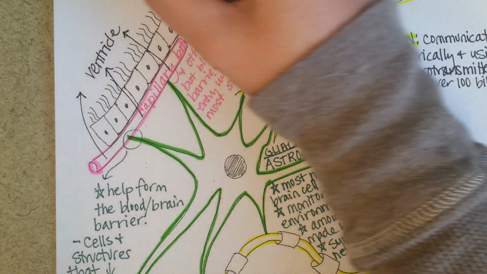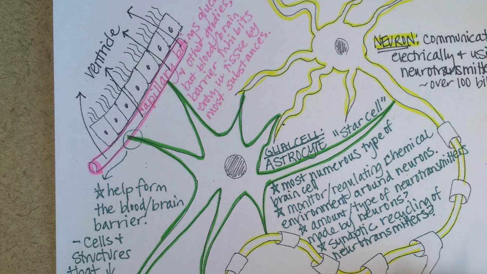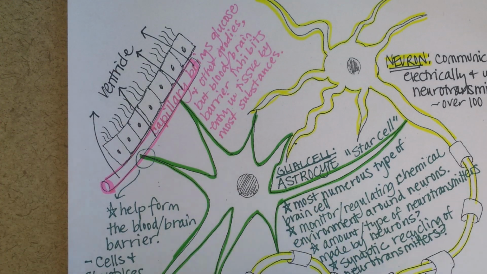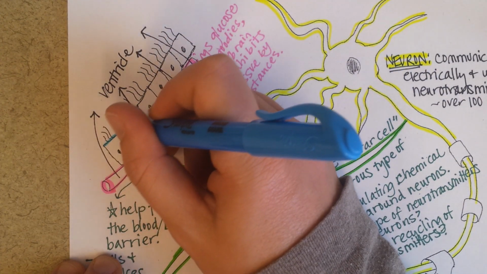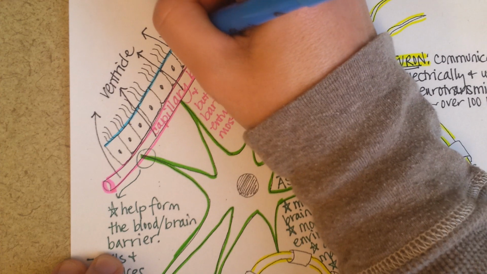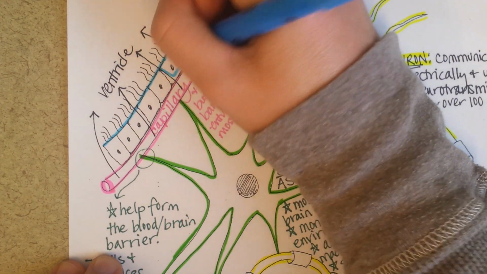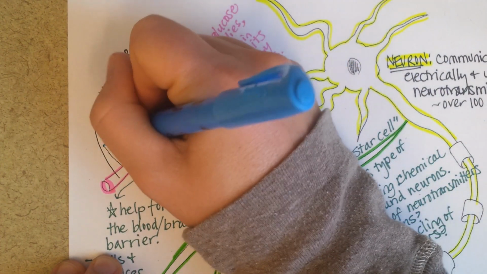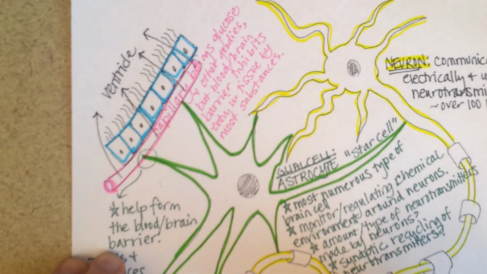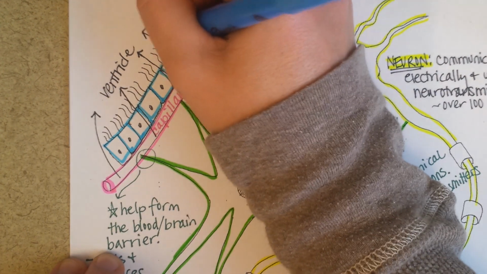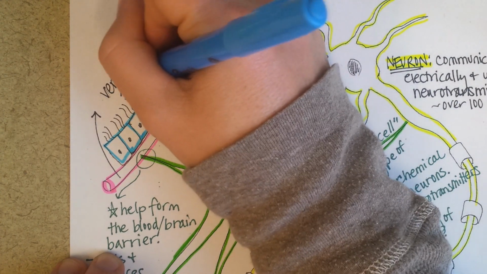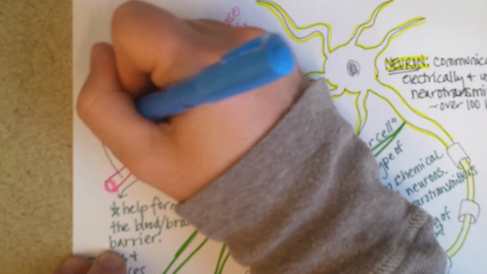So fluid moved into the ventricle from the capillaries, but not any of the blood cells, not the red blood cells or the white blood cells, just the plasma-like fluid, goes into the ventricle, and then it gets circulated by another type of glial cell, these columnar-shaped glial cells. We'll color those in blue. And they are ciliated. They have cilia on them that do the wave to circulate CSF.